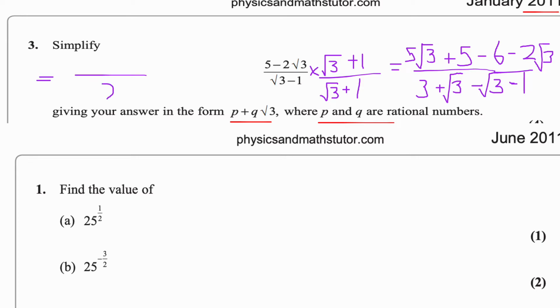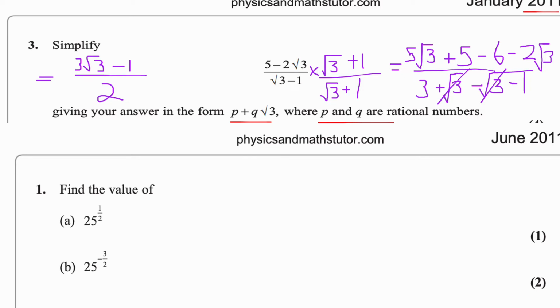On the bottom, I'm going to have a 2, because they're going to cancel. 3 take away 1 is 2. 5 root 3 take away 2 root 3 is going to be 3 root 3. 5 take away 6 is minus 1.